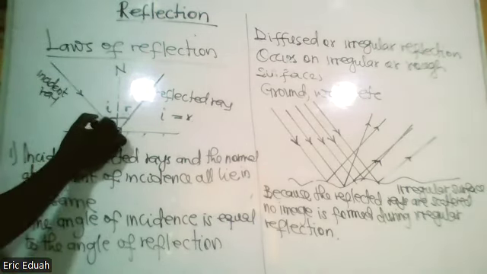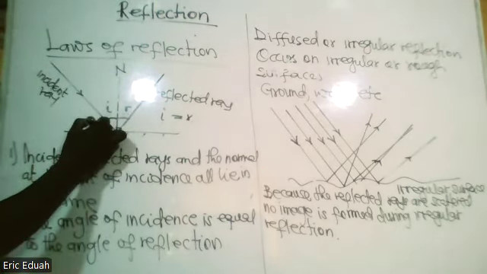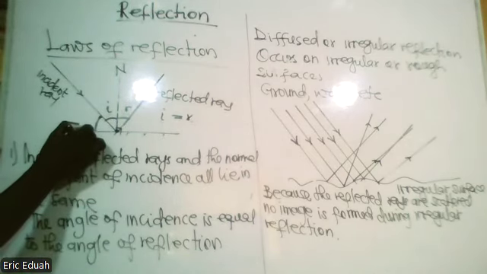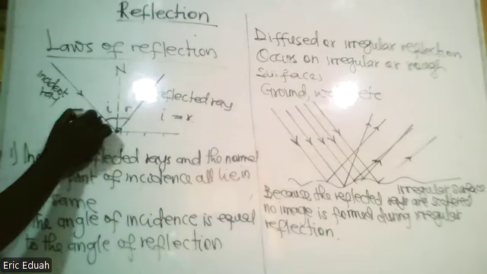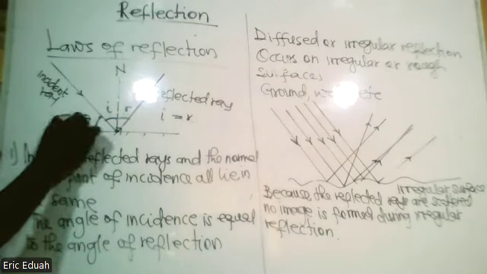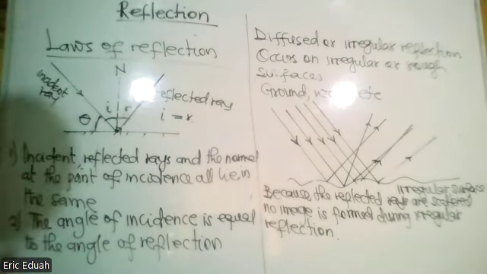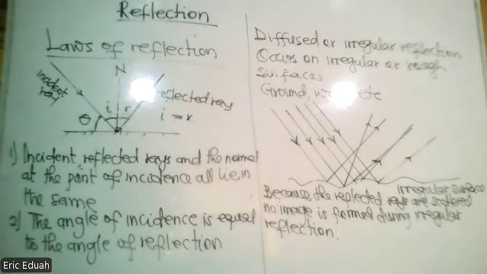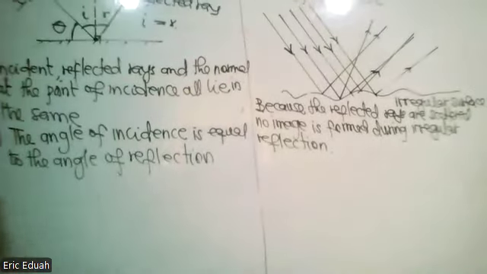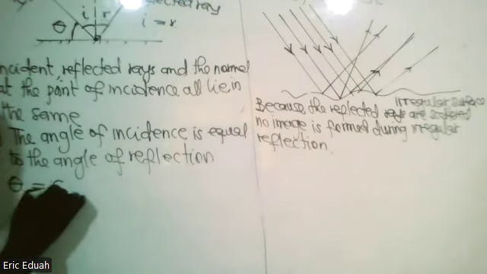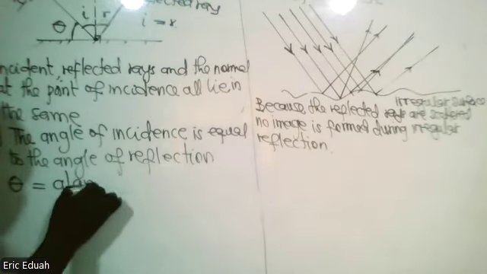Now look at this angle, from the mirror or from the surface to the incident ray. I am representing it by the symbol theta. This is known as the glancing angle. So theta is equal to the glancing angle.